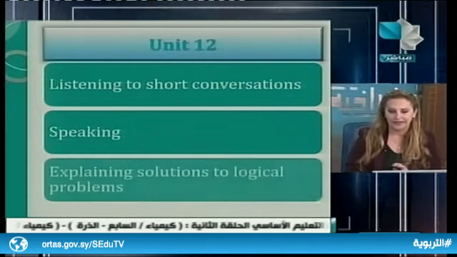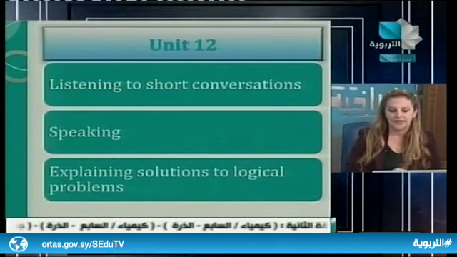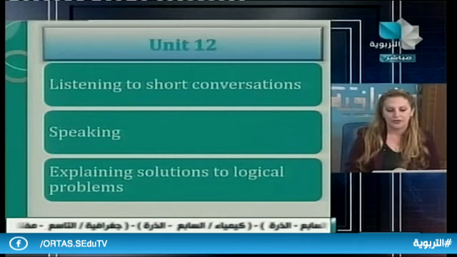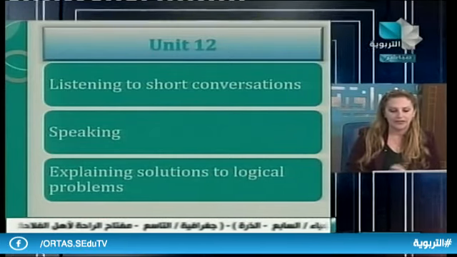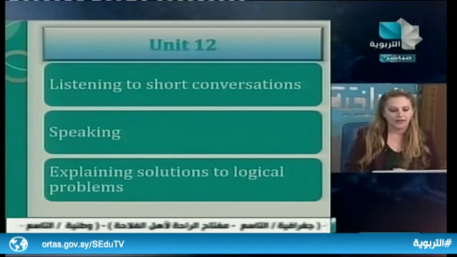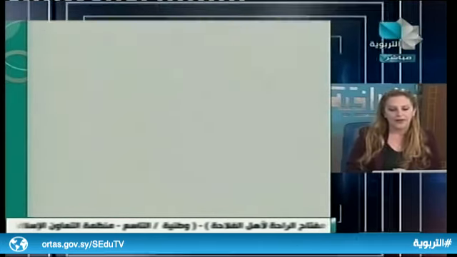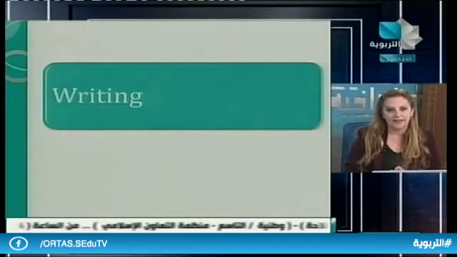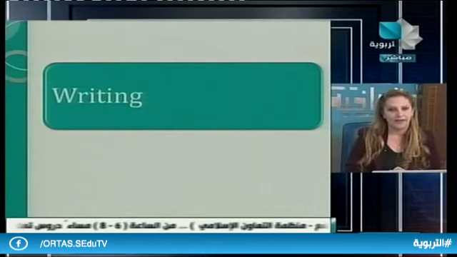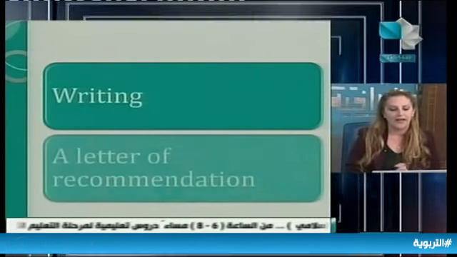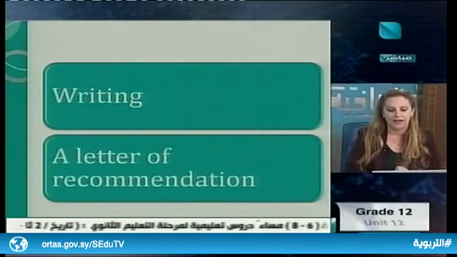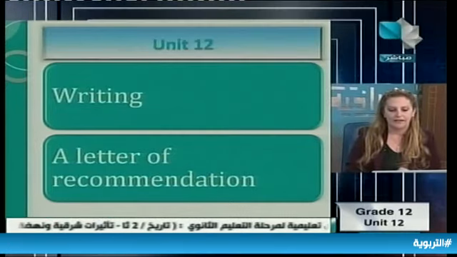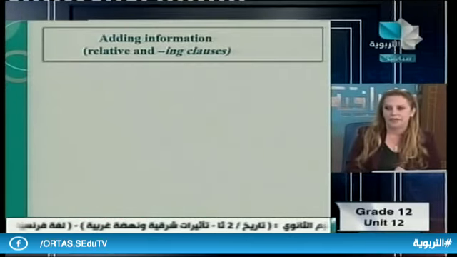Students should learn how to listen and understand what they are listening to, and how to speak to explain solutions to logical problems. At the end of the unit, we have the writing. Students should be able to write a letter of recommendation.